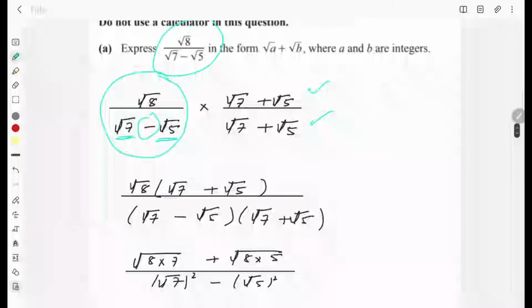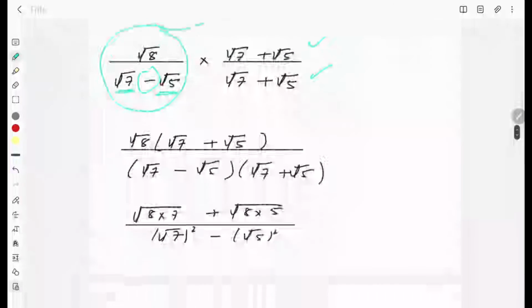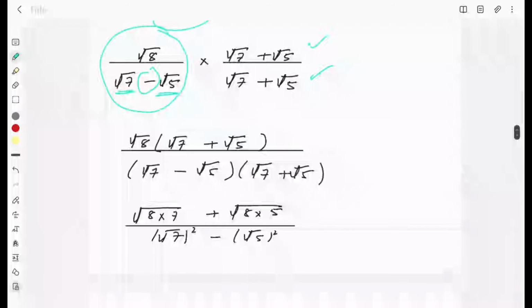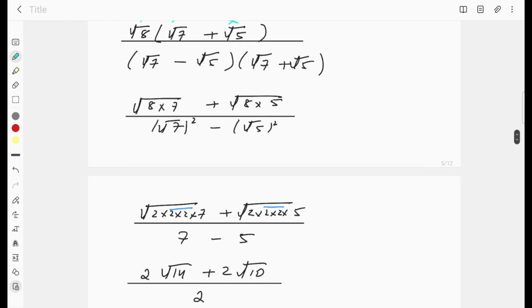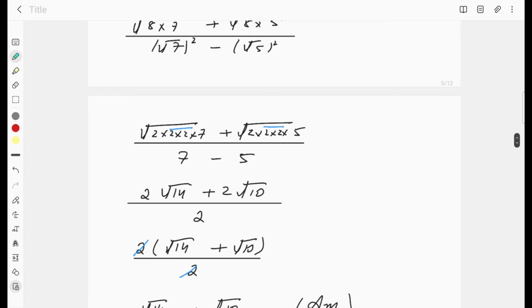Numerator gets multiplied by the numerator, denominator by the denominator. 8 into 7 will be under root 8 into 7. Likewise this will be under root 8 into 5. In the denominator you can use a minus b multiplied by a plus b equals to a square minus b squared. As far as numbers are concerned, you have to use prime factors, and prime factor of 8 is 2 into 2 into 2.